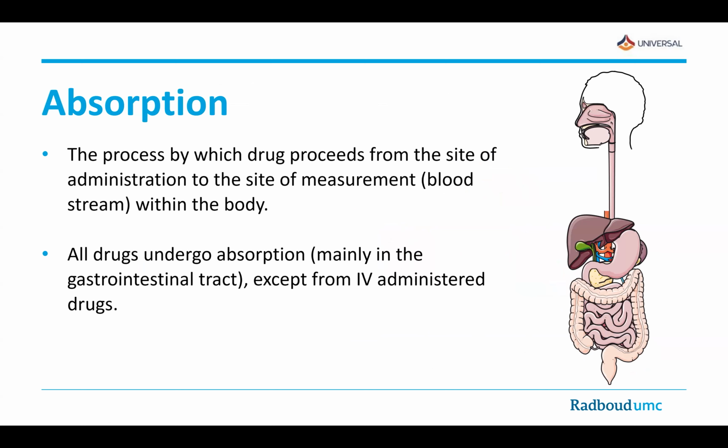All drugs undergo absorption, which mainly takes place in the gastrointestinal tract, except from drugs that are administered intravenously, since these drugs are administered directly into the bloodstream, so into the systemic circulation.